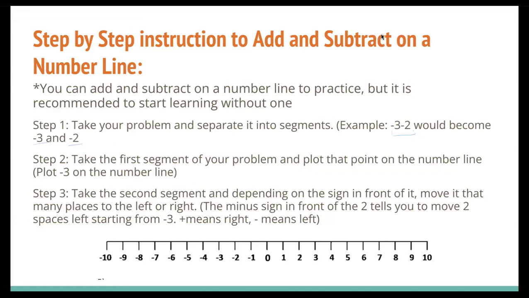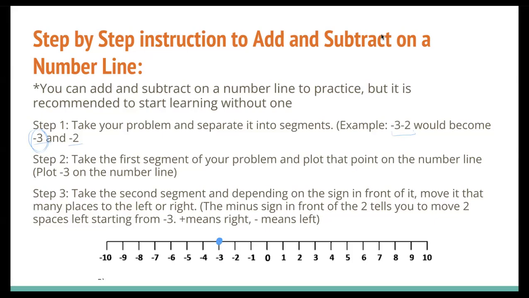You take the first segment of your problem and plot that point on the number line. So our first segment would be negative 3. We're going to plot it on the number line like here. Then you take your second segment, and depending on the sign in front of it, you move that many places to the left or the right.